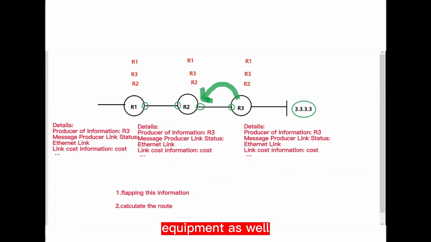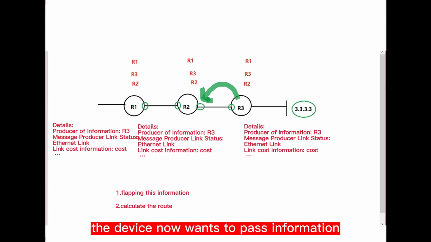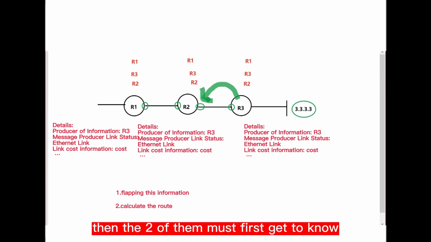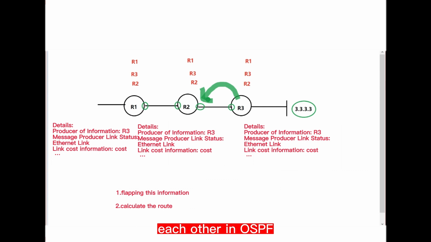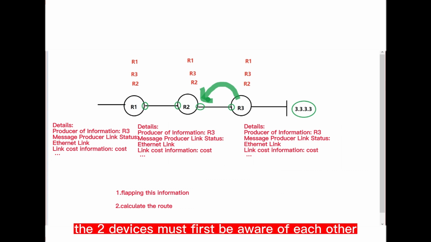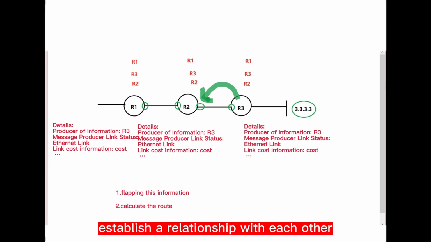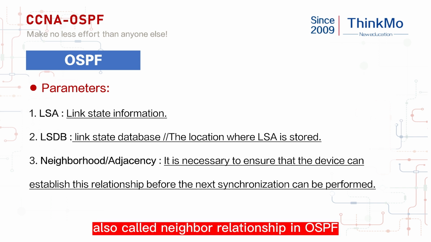Equipment is the same. The device now wants to pass information to other devices through OSPF. Then the two of them must first get to know each other in OSPF, just like EIGRP. Before the device forwards the LSA, the two devices must first be aware of each other. They are going to establish a relationship with each other, also called a neighbor relationship in OSPF.